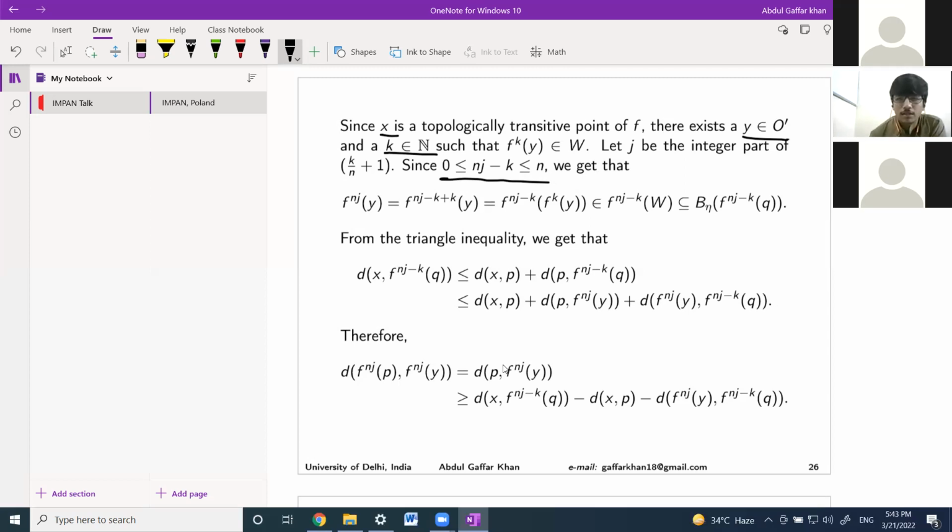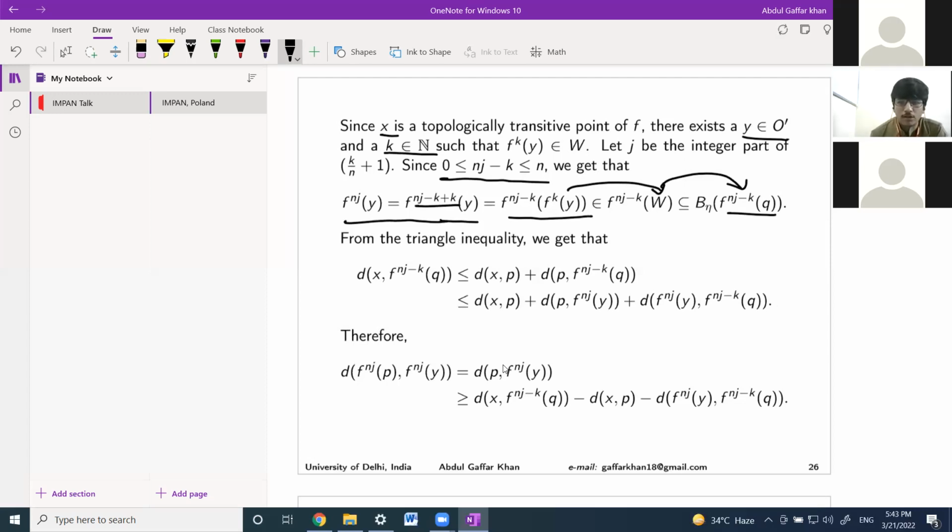So a simple computation will imply that f^{nj}(y) can be written as this, which further can be written as this. But f^k(y) belongs to W, so this set will belong to W, but W is the intersection of f^{-i}(B(f^i(q), η)), balls centered at f^i(q) with radius η. So this set is contained in this ball, centered at f^{nj−k}(q) and of radius η.